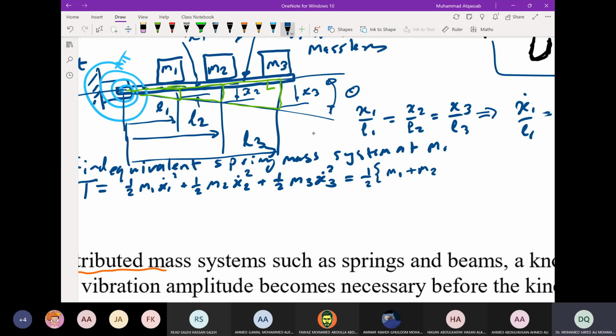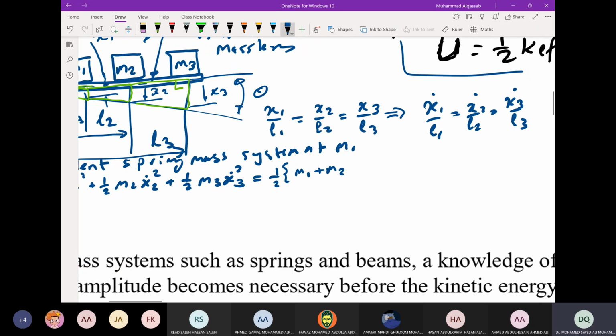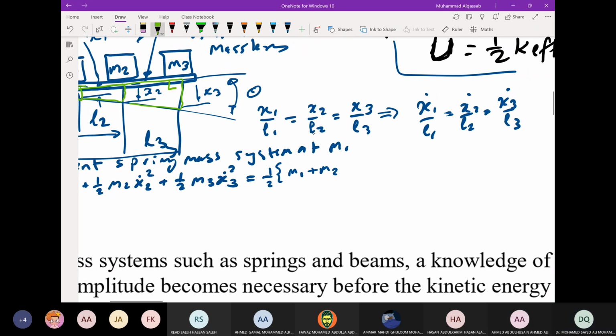X2 dot can be obtained from this relationship: X2 dot is equal to L2 over L1 times X1 dot. So this will be times L2 over L1 squared times X1 dot squared.